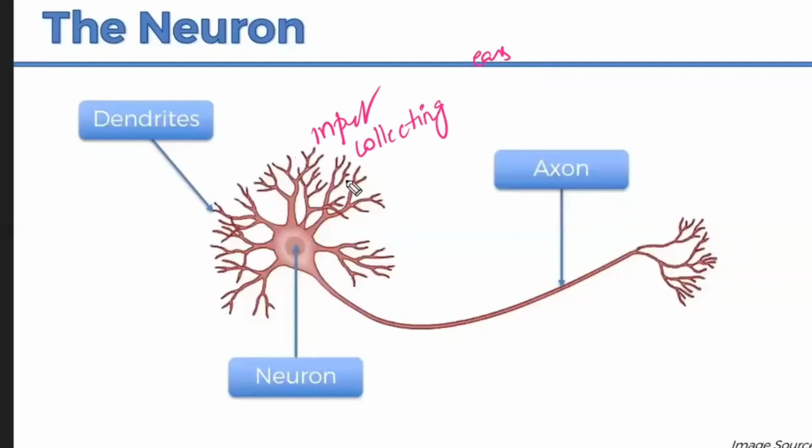Once the input is collected, it is processing, and it is sharing to the next neuron. And the next neurons are again connected to each other. The neurons are connected one to one, as we have seen in the Avatar movie, right? They connect with the hair they have, they connect with the animals.